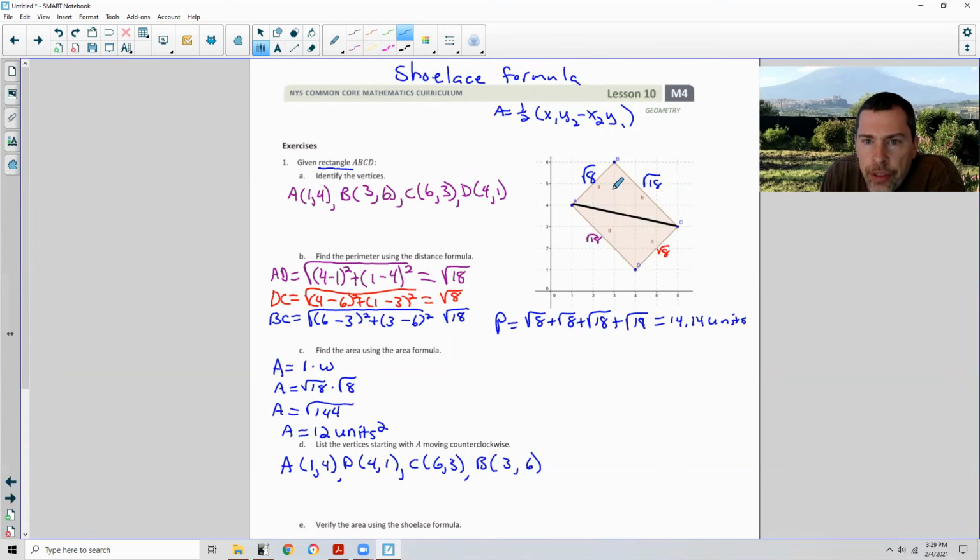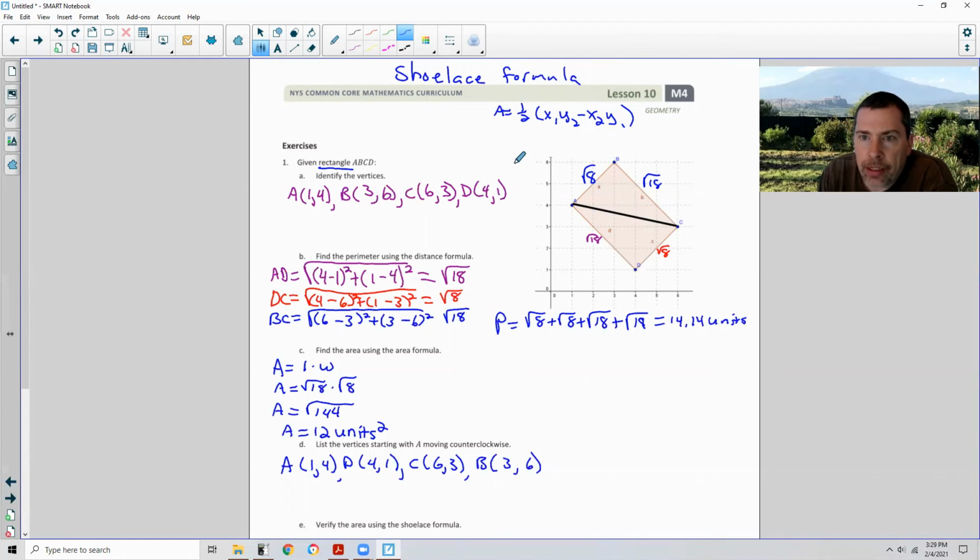Okay, so where is that coming from? X1, Y2, X2, Y1. Well, we're taking the area of the rectangle minus the areas of all of the triangles to get the area of the shaded region, and it simplified down to this.